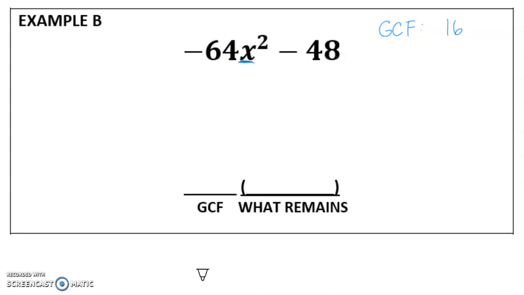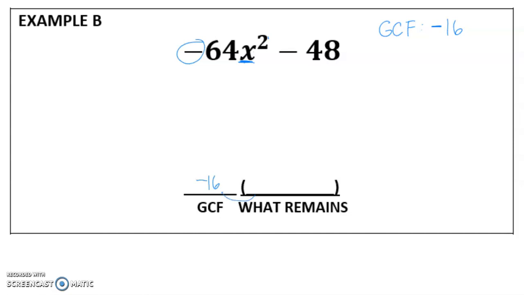But I will say, if the x squared term is negative, you want to make your GCF negative. Okay, just formatting wise, that's what we want to do. Okay, so if x squared is negative, we want our GCF to be negative. Okay, so I'm pulling out negative 16.